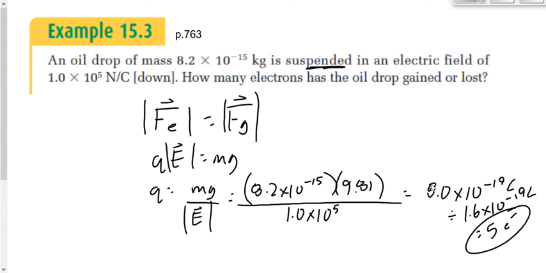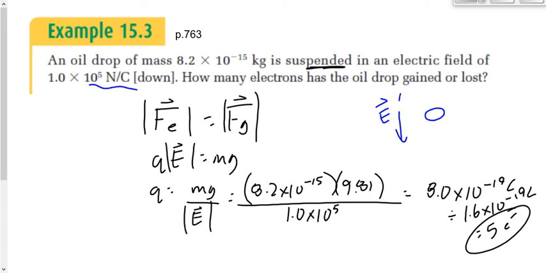We have an electron, negatively charged. It says the electric field is downward. If the electric field is downward and the gravitational force is downward, the electric force must be, sorry, we don't know that that's a negative particle, right? We just know that it's a particle that has 5 excess or 5 fewer electrons.